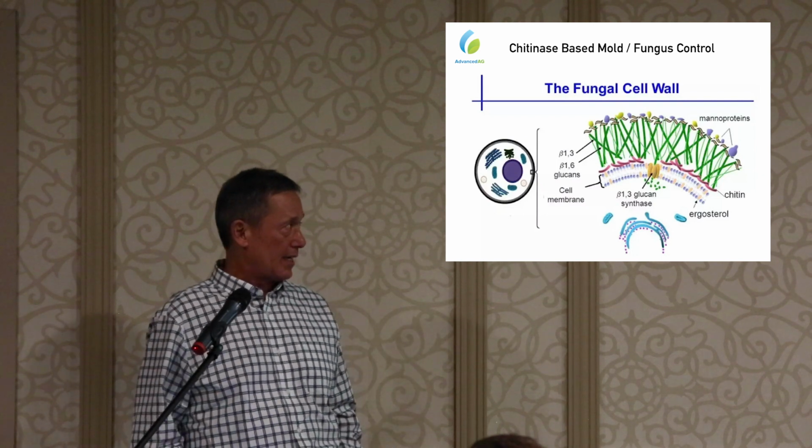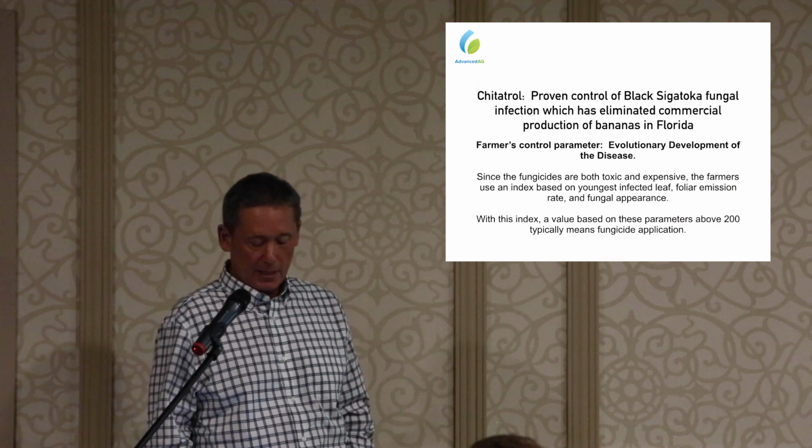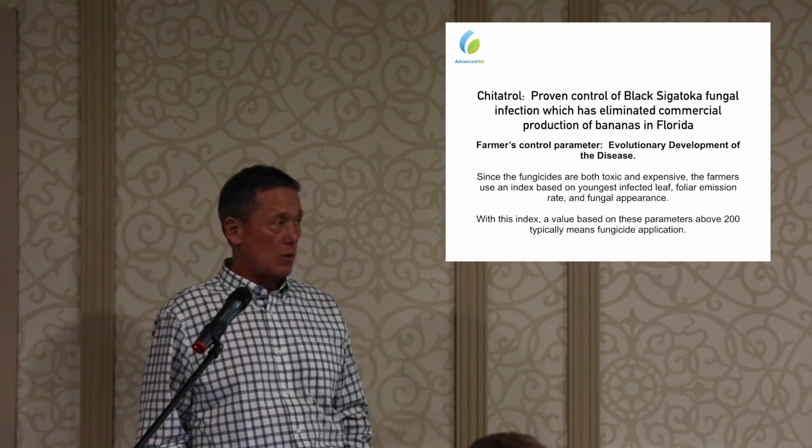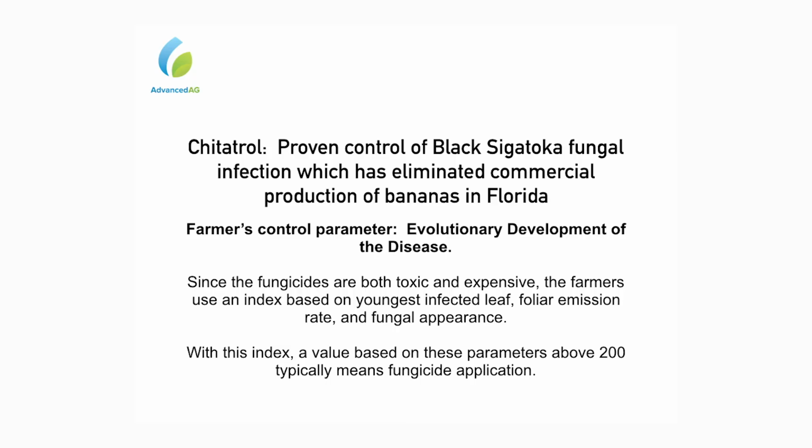It's a really interesting project, and we're now equipped with the efficacy data, so we're starting officially with the US EPA and its counterparts in Canada to get biopesticide registration for the Chitotrol product. Black sigatoka is a fungal infection of bananas that literally stopped commercial production of bananas in Florida and is a real problem elsewhere.